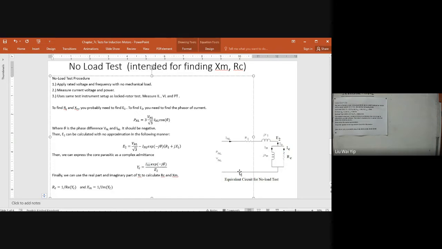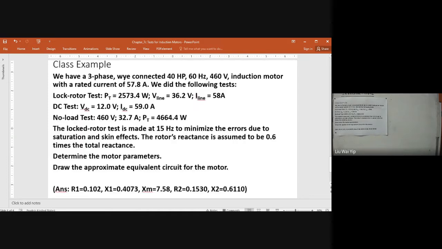It looks complicated, but I'm going to show you an example. The example is here, and we have a 3-phase induction motor, Y connected, and the rated power is 60 horsepower, and the rated frequency is 60 hertz.